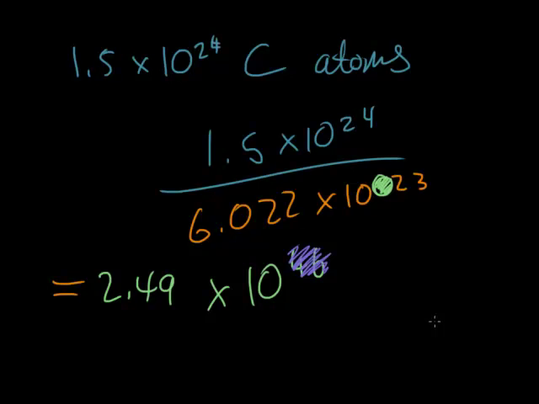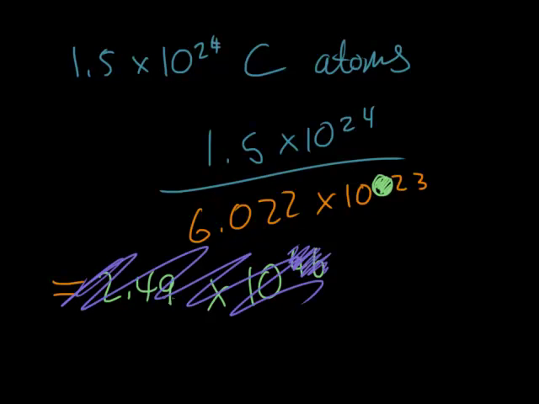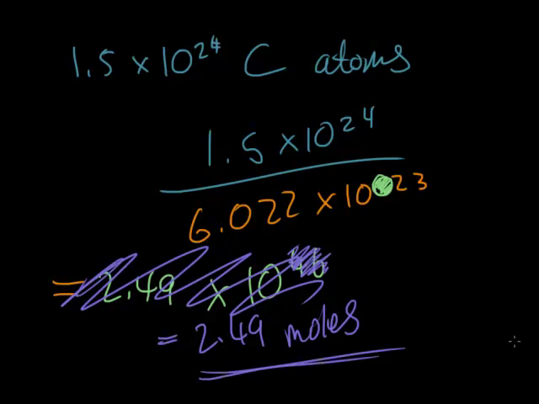It's meant to be just to the power of 23. That would equal 2.49 moles. Sorry about that mistake. This would be the number of moles present in that amount of the substance, and that's basically how moles work.